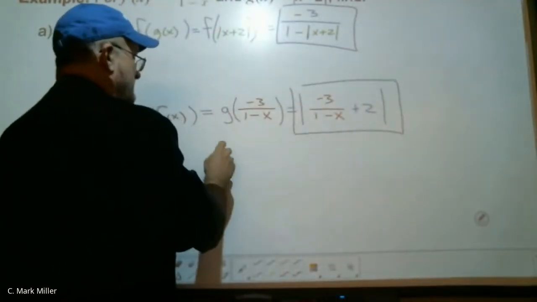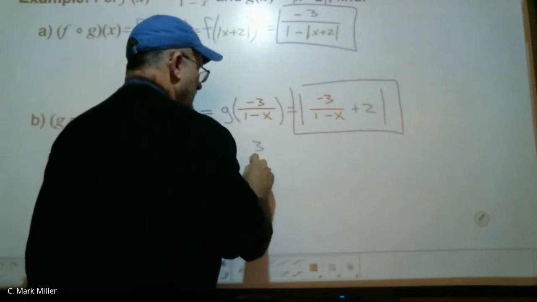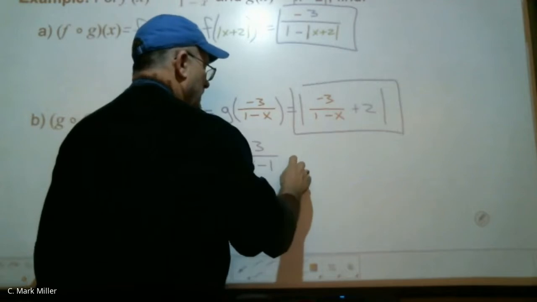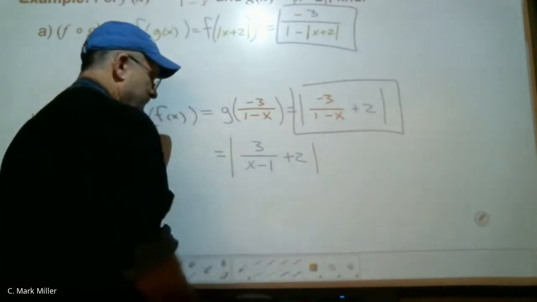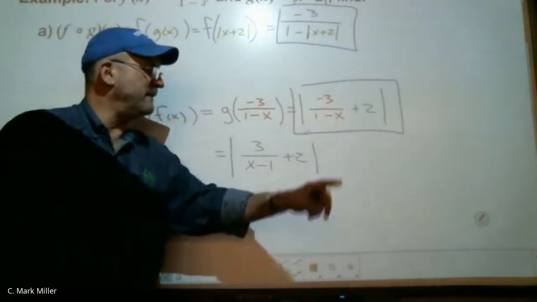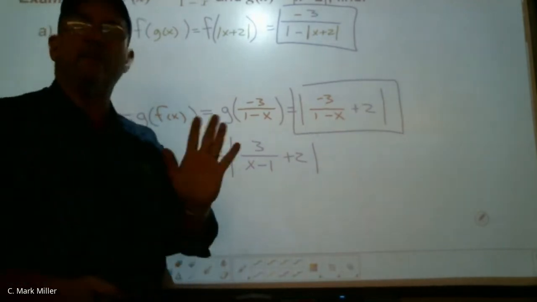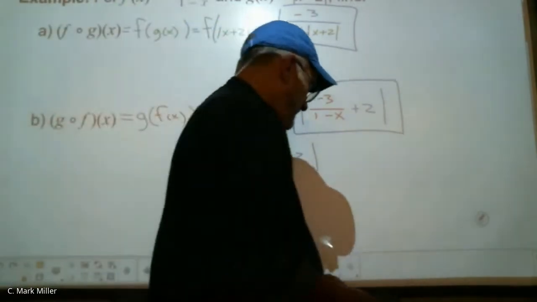Some people would do this. You don't have to do it. You can flip the order of the bottom and get rid of that negative 3 up there. But what I boxed in is fine. Not a ton of stuff to do here. I totally see that.